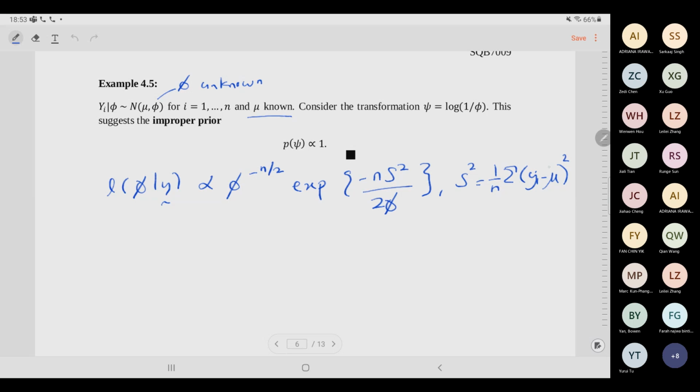This S square is a function of your data and a constant mu, so you can just write it as S square. This is how you rewrite your likelihood. You have the joint PDF of the normal, but you change which is the constant and which is the parameter.